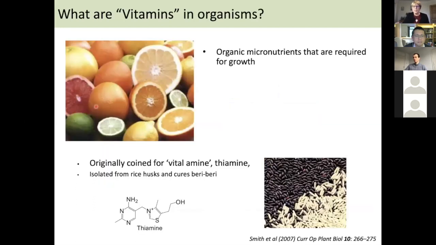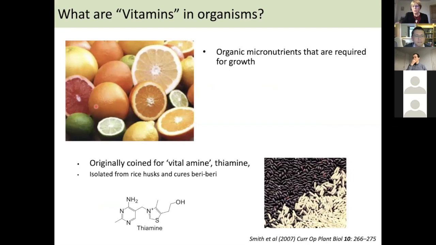So I should also just take an aside to explain what vitamins are. This is, as I mentioned, what I'm interested in in my research. Vitamins are organic micronutrients which are required for growth. So these are compounds which we need to take in our diet.